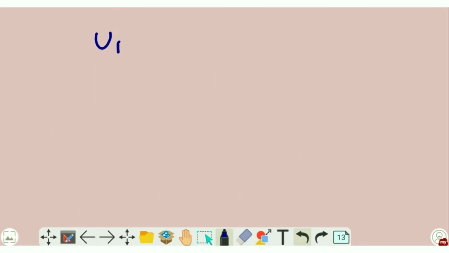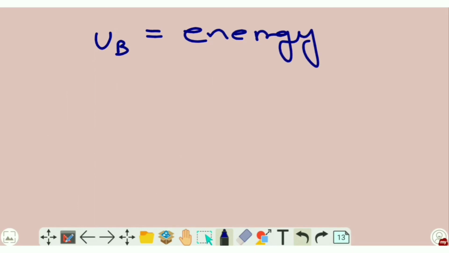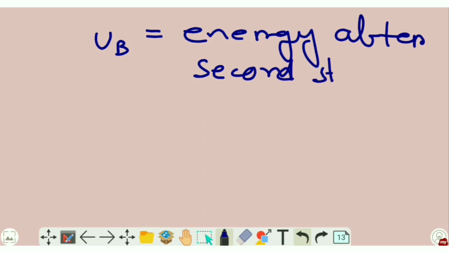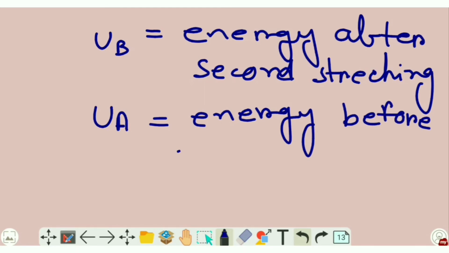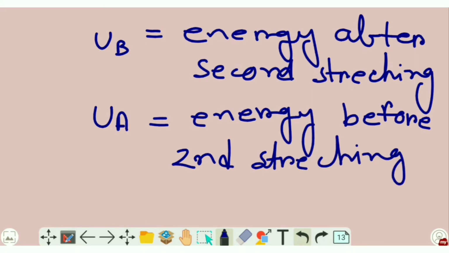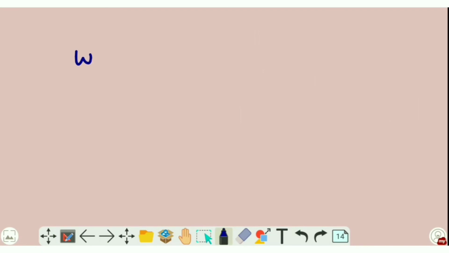So final state is B and previous state is A. So UB defines the energy after the second stretching, and UA the energy before second stretching. So what is the work done? Work done is equal to UB minus UA.